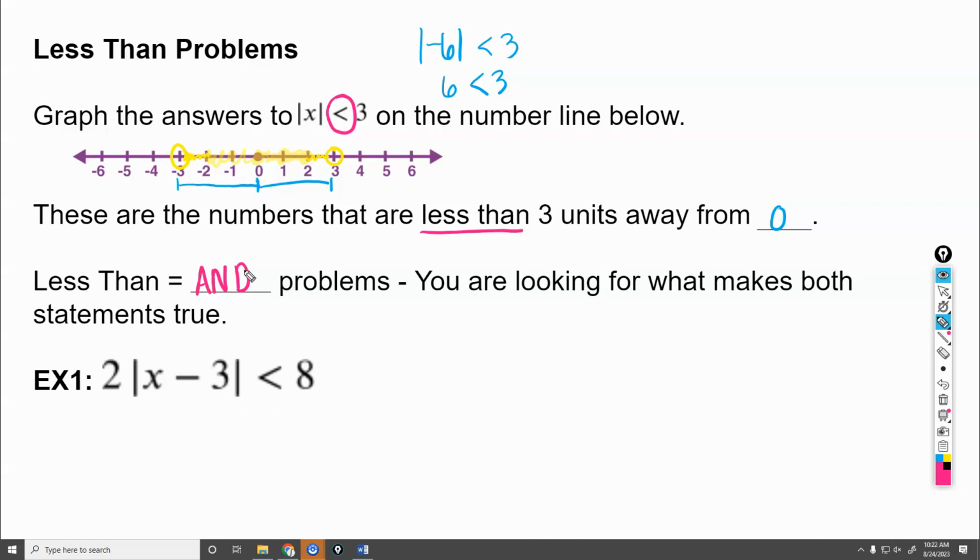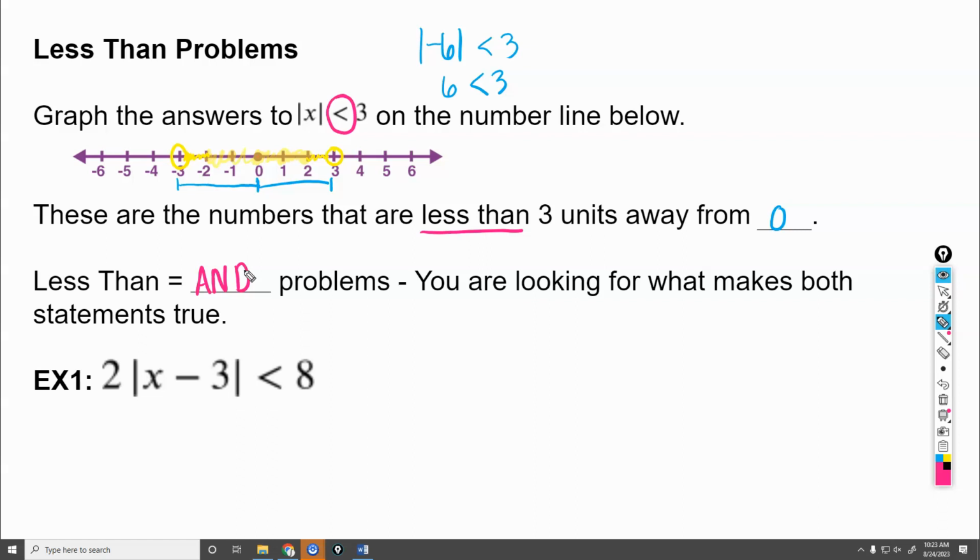We'll see when we do this problem why I'm saying "and" instead of "or." Most of the time you're going to get answers that fall between two numbers, like between -2 and 7, or -5 and 5, or 10 and 20. It's usually between numbers for these problems.